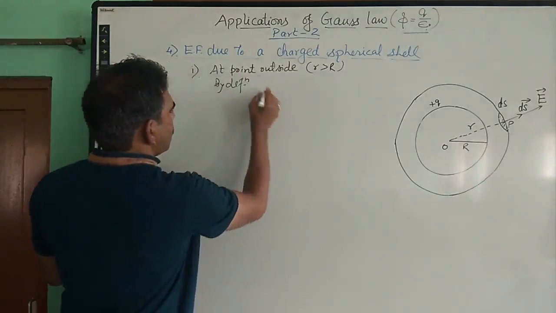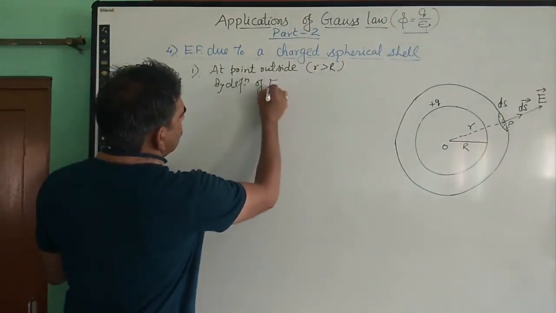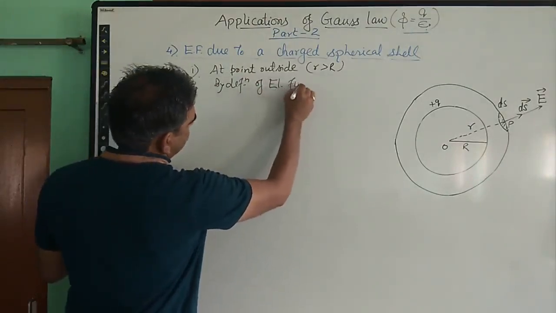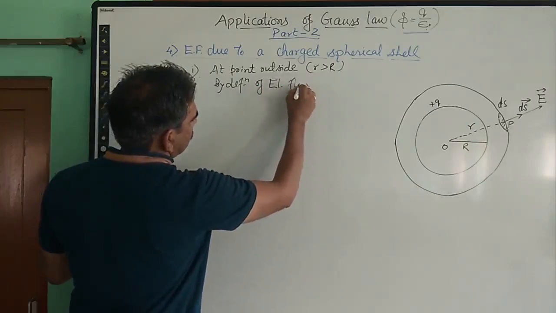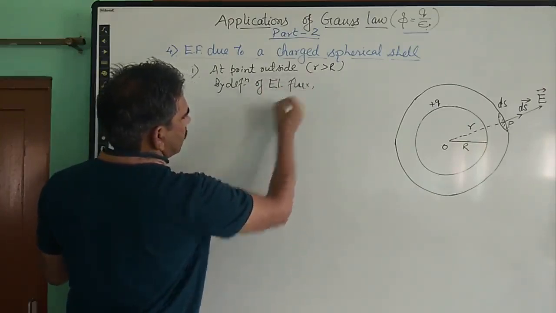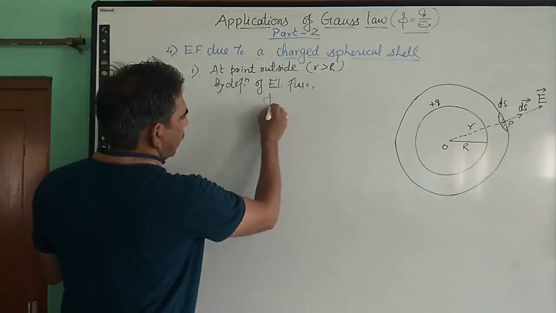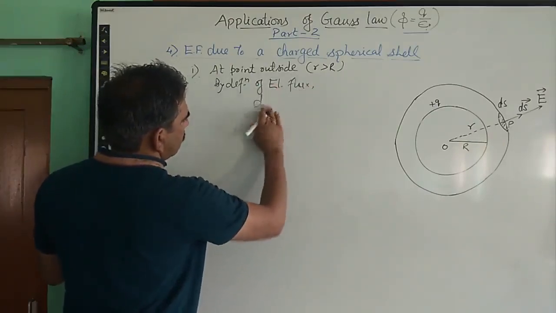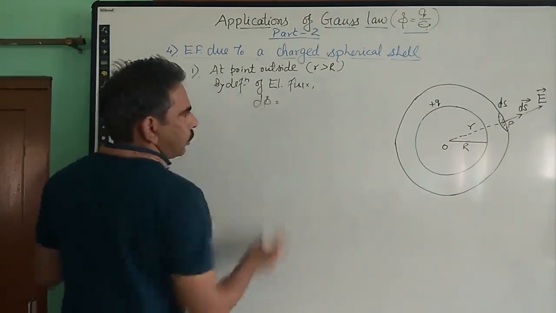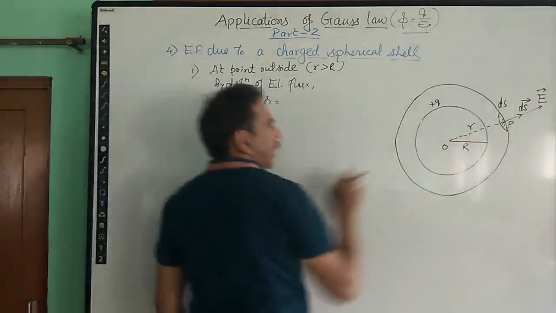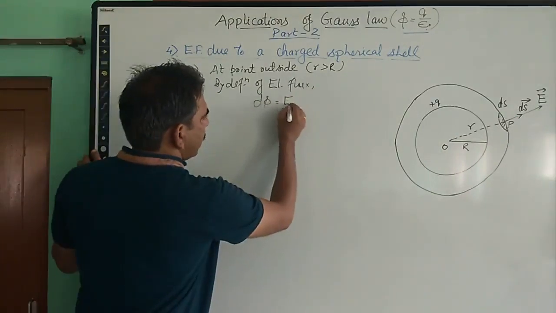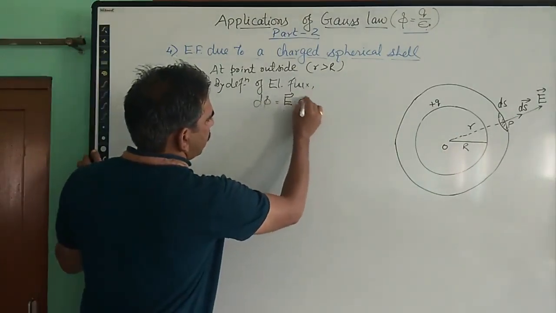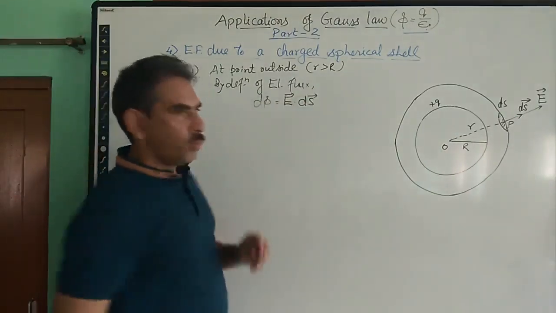So by the definition of electric flux, the electric flux through this small area element dS is given by the strength of electric field dot the area vector dS vector.